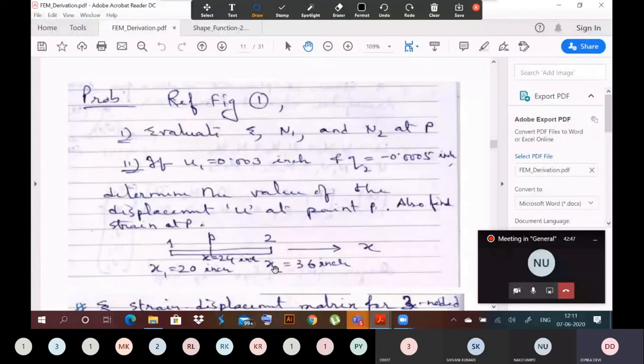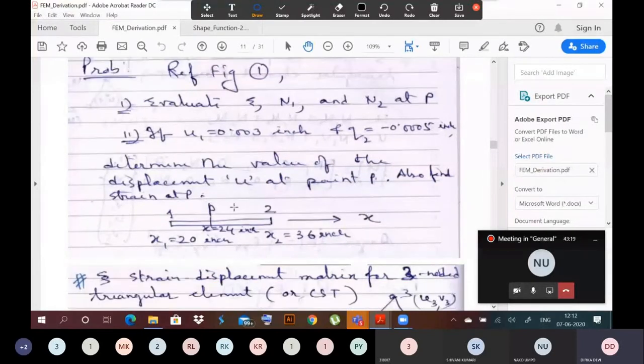We can use the relationship between x and xi to find the value of xi. I think you can solve it, or should I solve it for you? You know the relationship between xi and x.